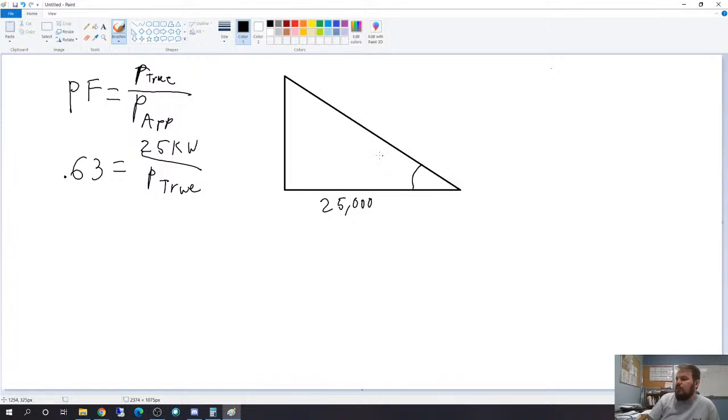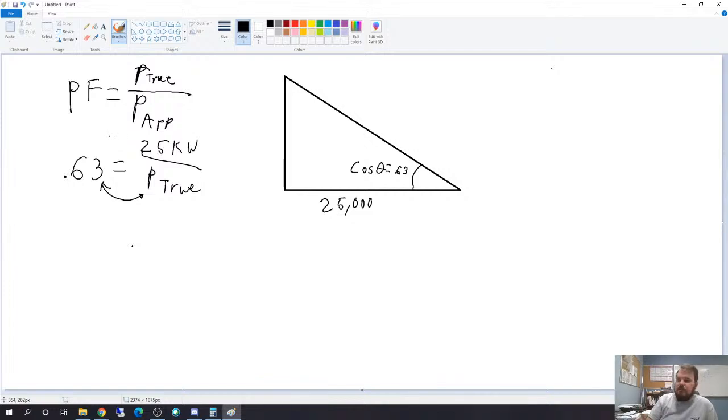We know the cosine of theta is 0.63. Suffice to say, we can find this other side by swapping these two sides.